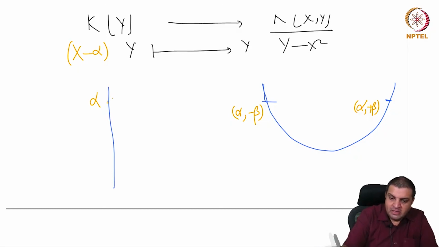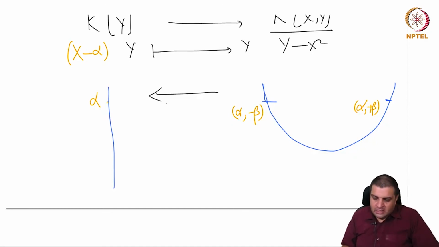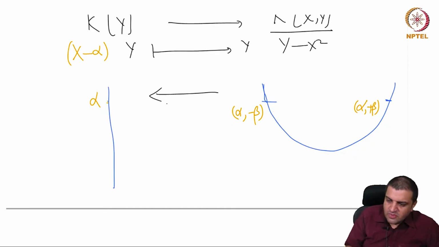The map here, remember, is in this direction. These 2 points map to alpha. If you take an alpha here, it will appear from this picture as if its fiber is empty, but that's false, because this is only some real picture that we're trying to draw to understand what the actual situation is.